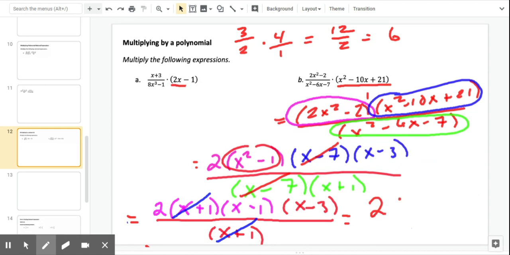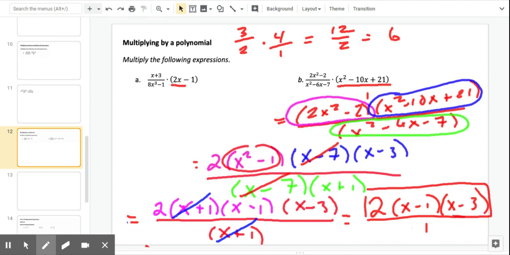So now we have 2, x minus 1, x minus 3 over 1, because we canceled out the only factor. So it's over 1, and we know that anything over 1 is just the numerator. So we're left with 2 times x minus 1 times x minus 3.